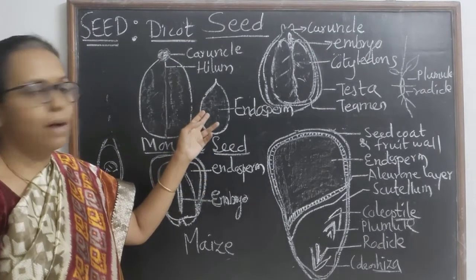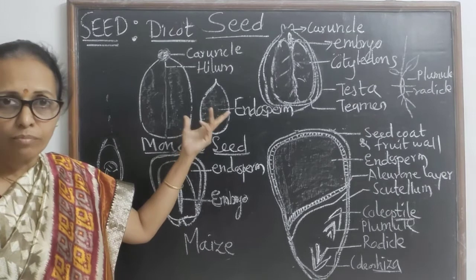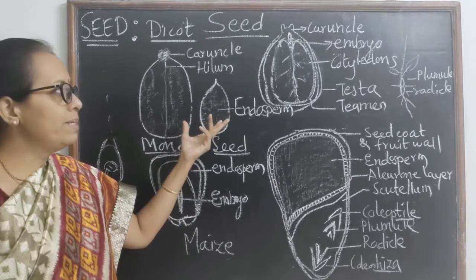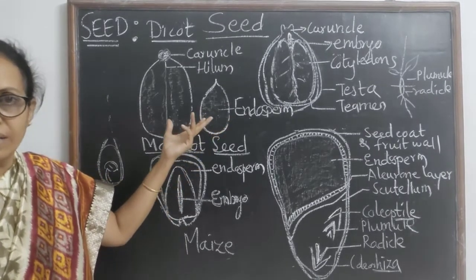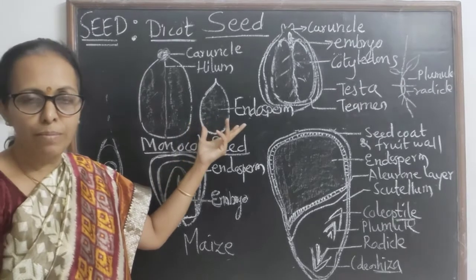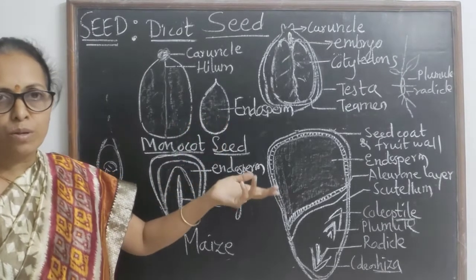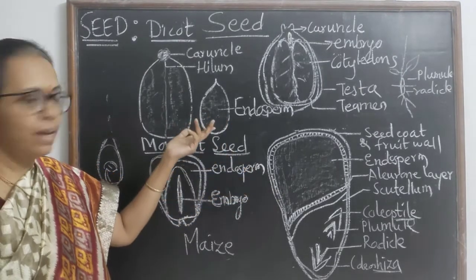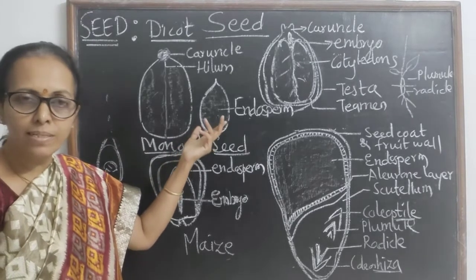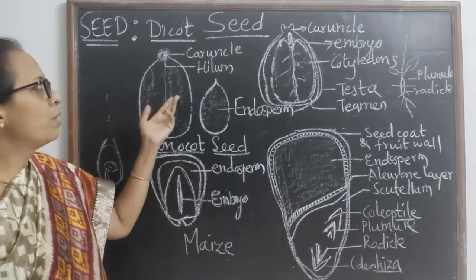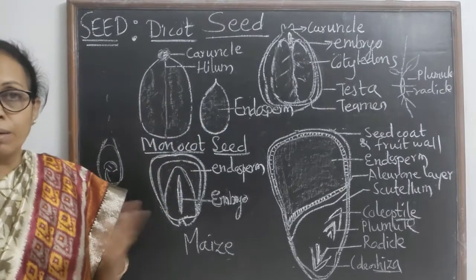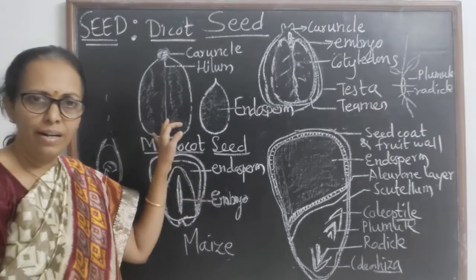The general examples, the common pulses or all beans, are dicotyledons. The examples familiar to you in day-to-day life, pulses, we call them dicots, or even the beans, they are dicots.